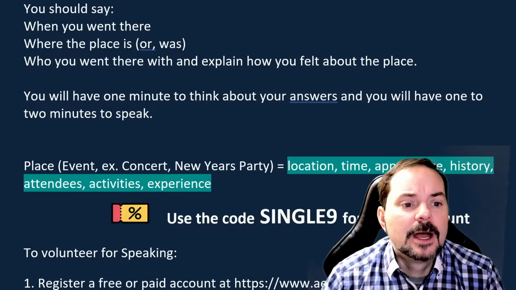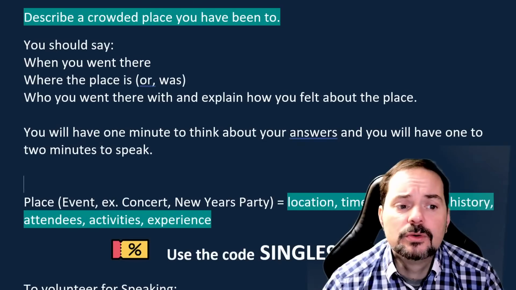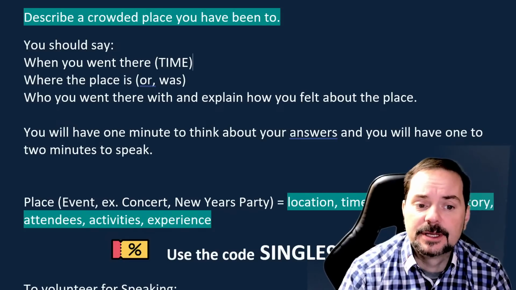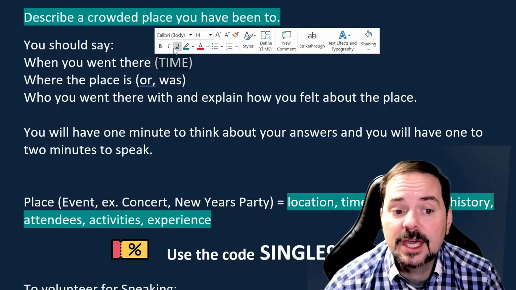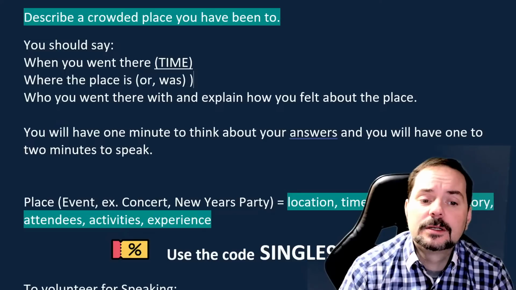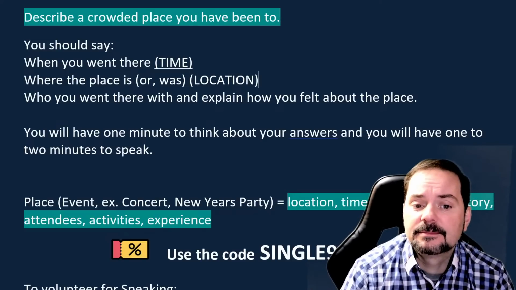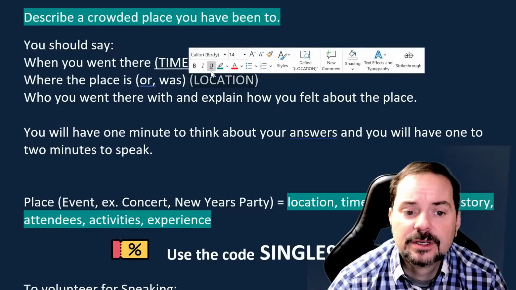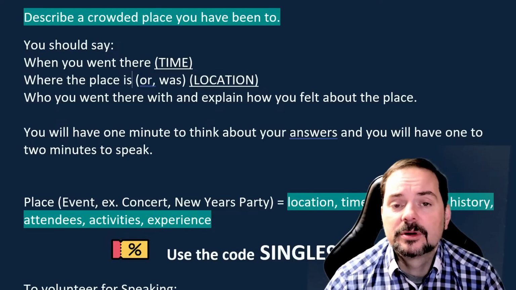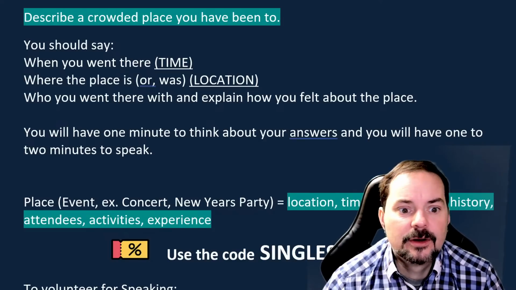All right. So here, once you've read the cue card twice, let's read it. When you went there, so that is obviously the time element, right? Where the place is or was, this is the location, right? And this is again where we can see that it could be an event, right? Because events like a circus, for example, a traveling circus, could get a lot of people or a large crowd, but not be there all the time, right?